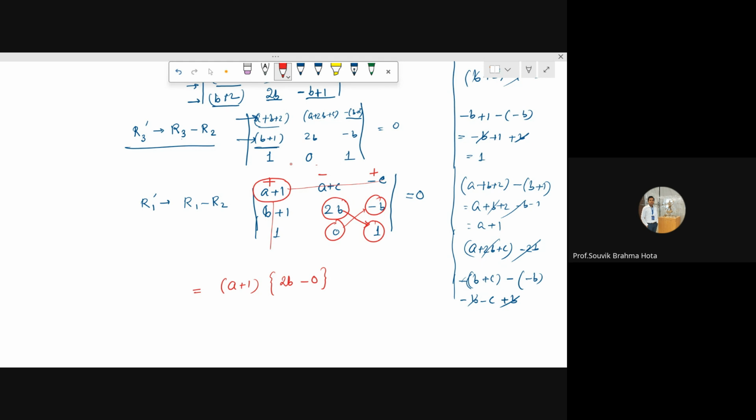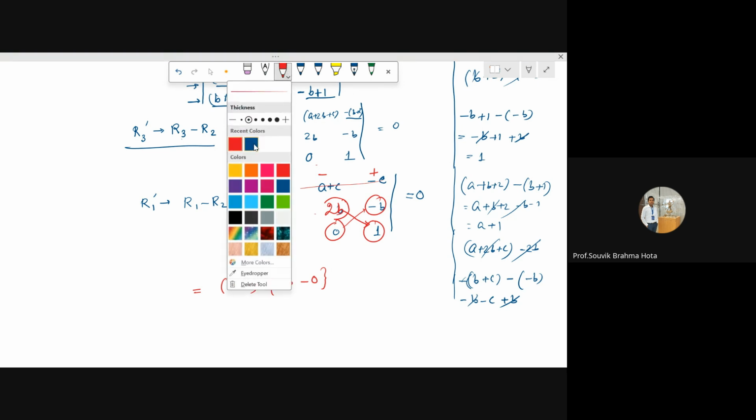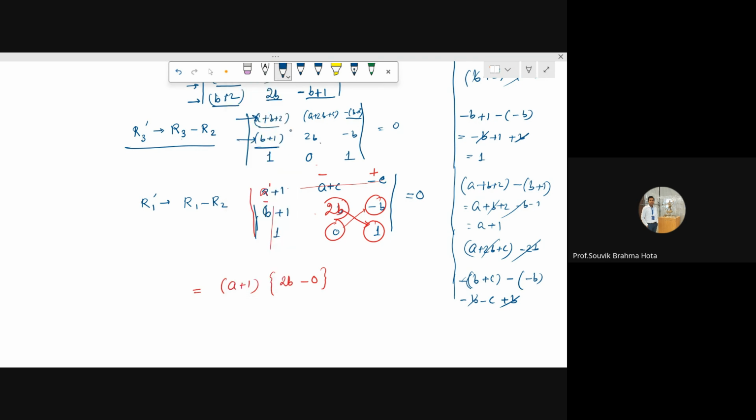Now, you can do it with the eraser so that you can rub it. Okay, this marking you can do by eraser. Now what you should do? So first thing is done. Now the second part.